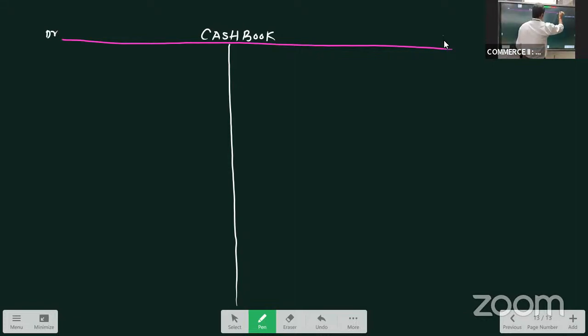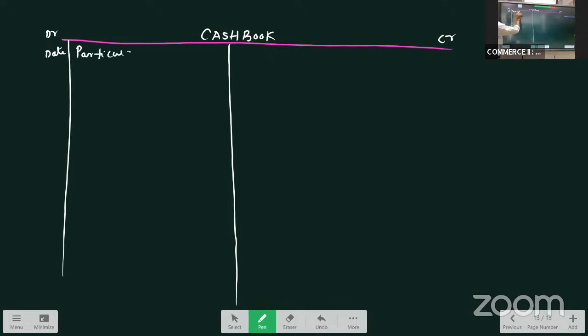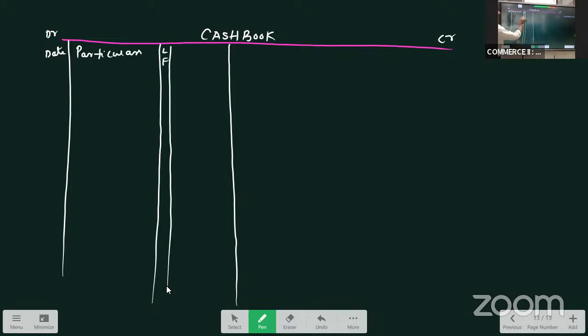Left hand side is debit side. Right hand side is credit side. Date, particulars, LF, cash. Or you can write amount also.